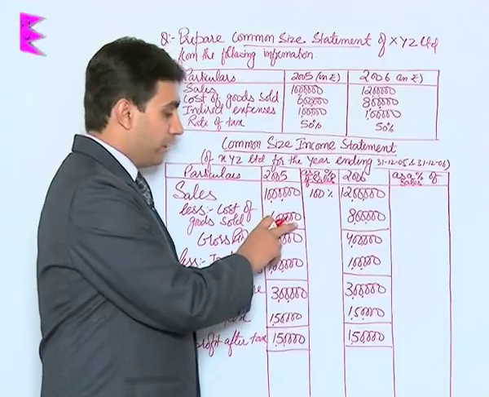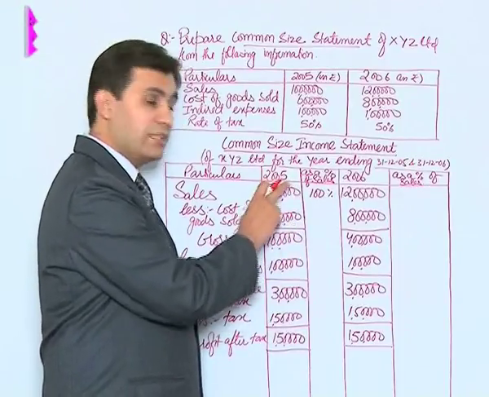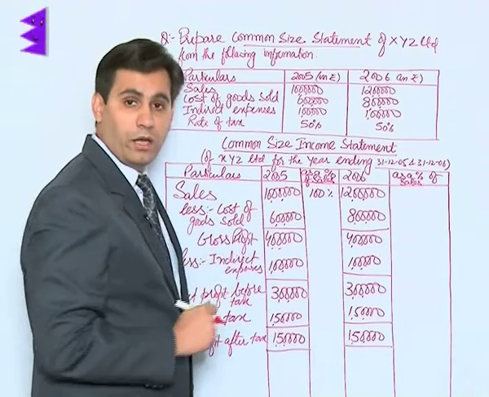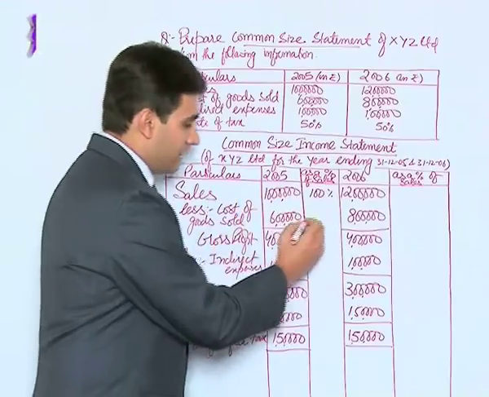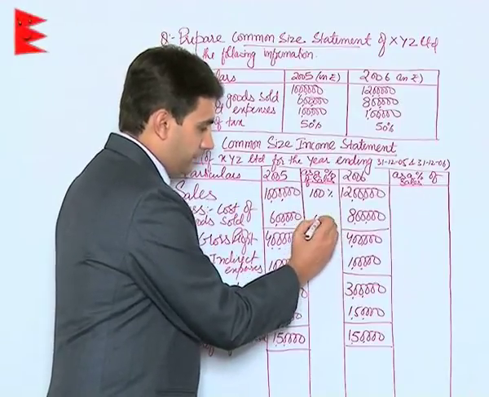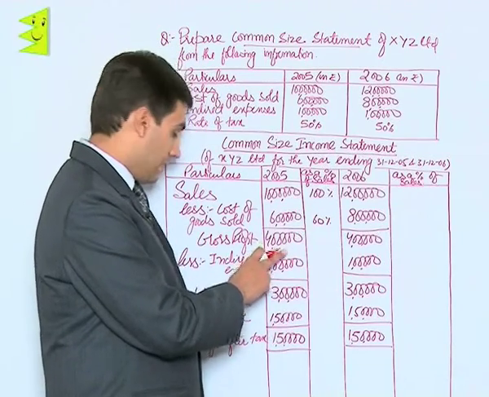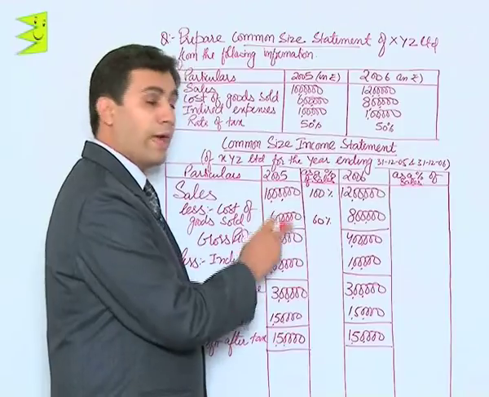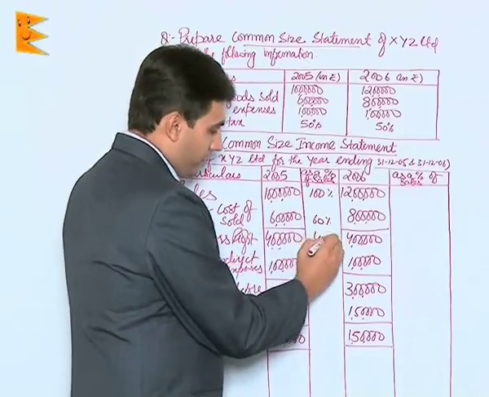So it can be converted into percentage by taking 6 lakh divided by net sales, which are 10 lakh into 100, which gives us a figure of 60%. Then we have 4 lakh, that is gross profit. 4 lakh divided by 10 lakh into 100, which is 40%.